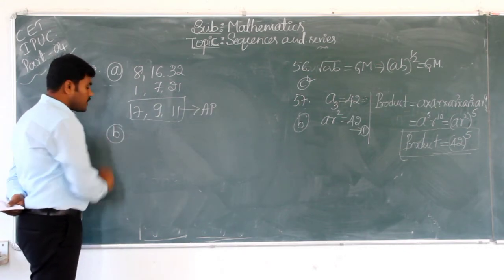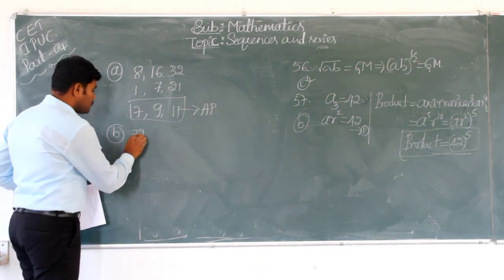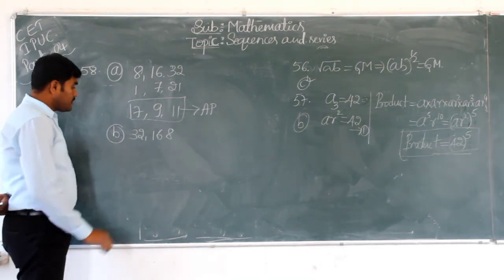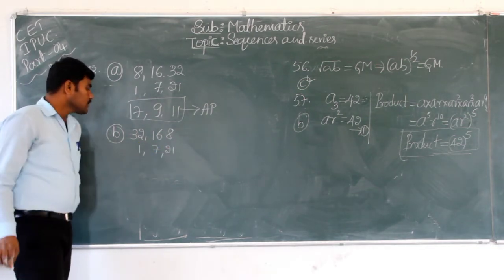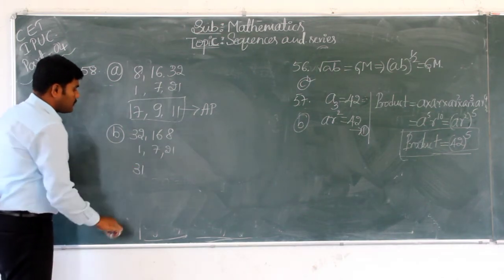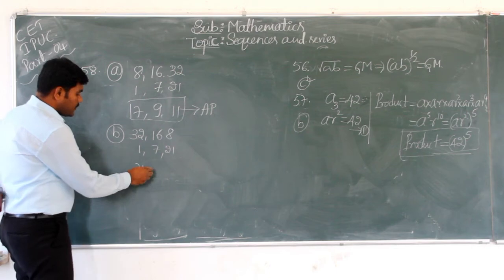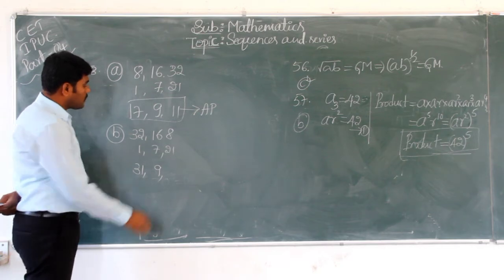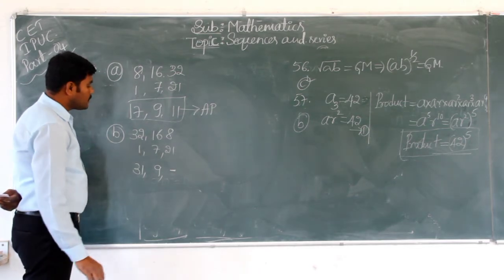And check out option B. Option B is 32, 16, 8. Here also we need to subtract 1, 7 and 21. 32 minus 1 becomes 31. Next, 16 minus 7 becomes 9. Then 8 minus 21 becomes minus 13.